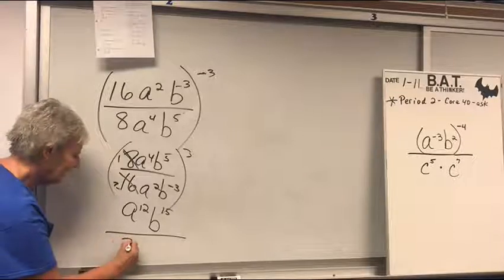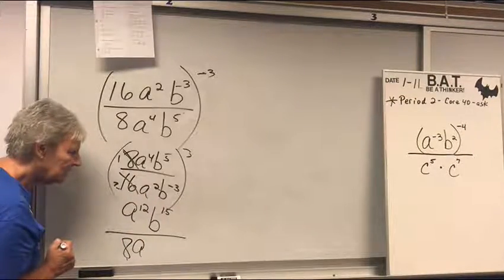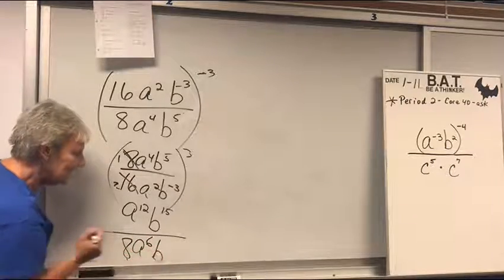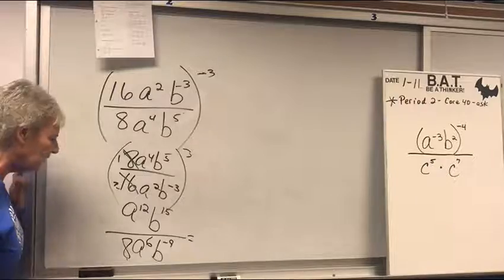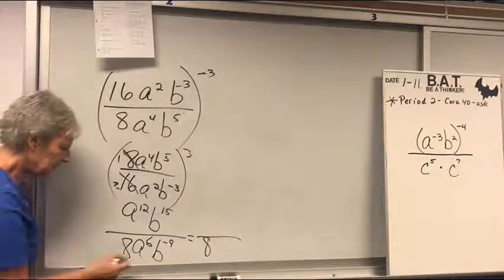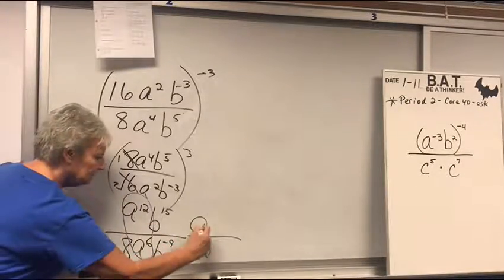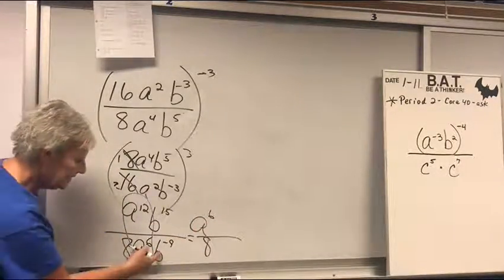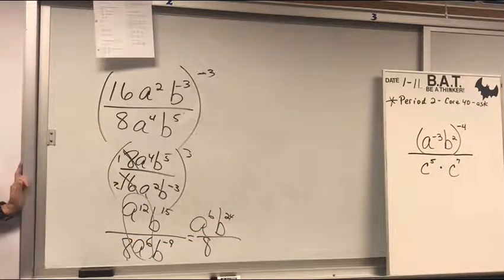Oh, that's tricky. A to the 6th. B, negative 9. Okay. Now, let's deal with the numbers. Well, all we have is an 8 on the bottom. 6 extra A's on top. And this 9 comes up to give us 24 of them.